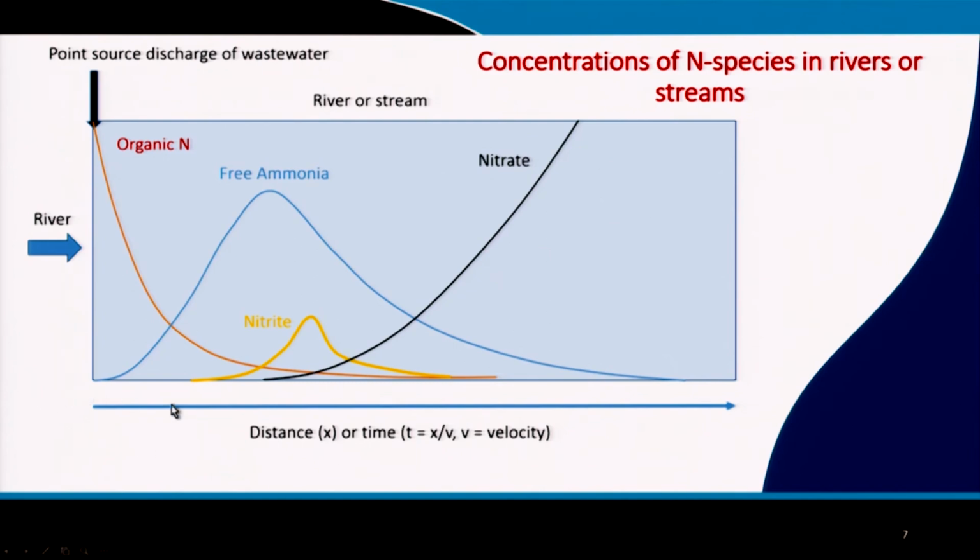You can look at the x-axis in terms of distance from the point of discharge, or you can look at it as time; if you know the velocity of the water in the river, then you can convert time and distance based on the flow velocity.